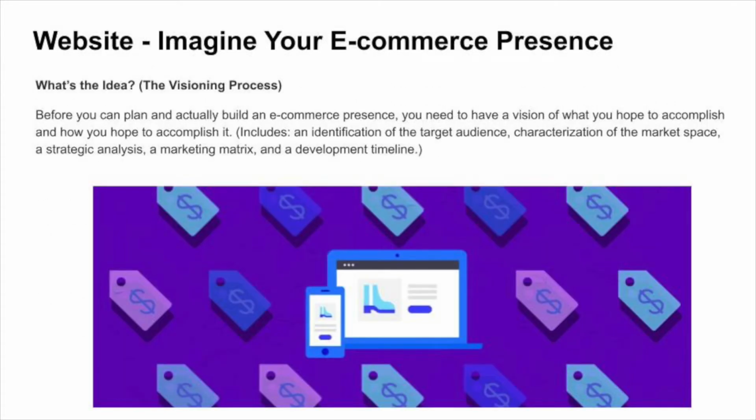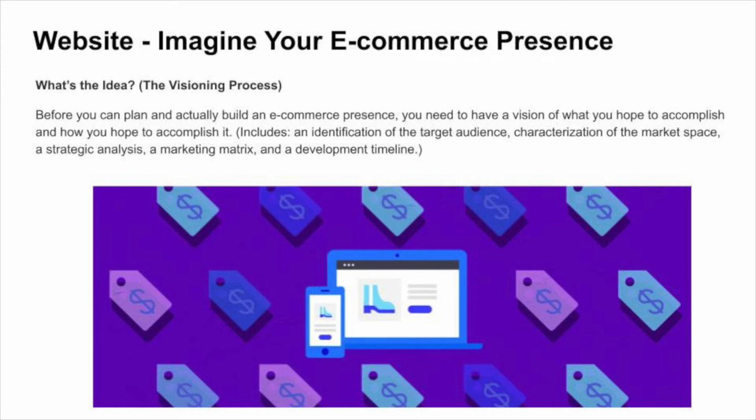First, we have to ask ourselves, what exactly are we doing here? What is the purpose of our basic website? This is what's called our visioning process. What we mean by visioning is thinking ahead to what an ideal website would look like once it's done. It's going out and envisioning what we want to have happen here.